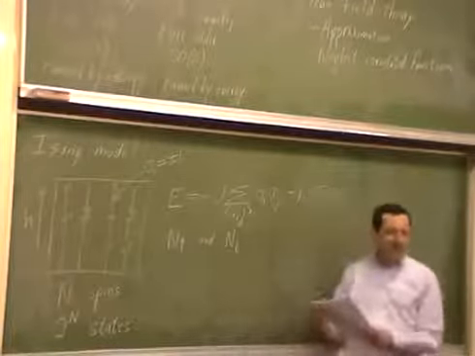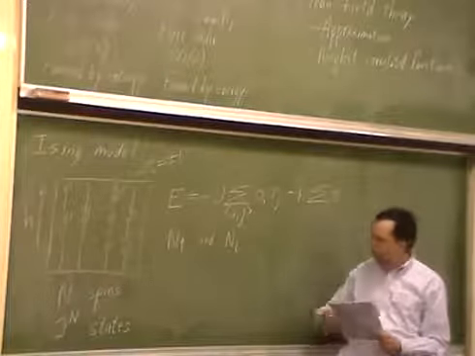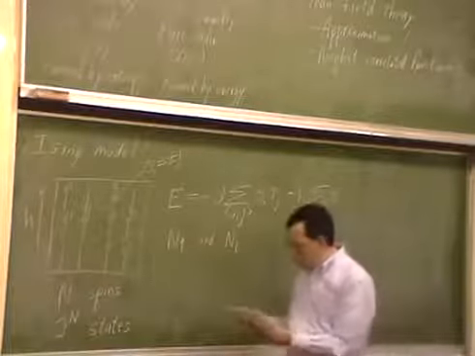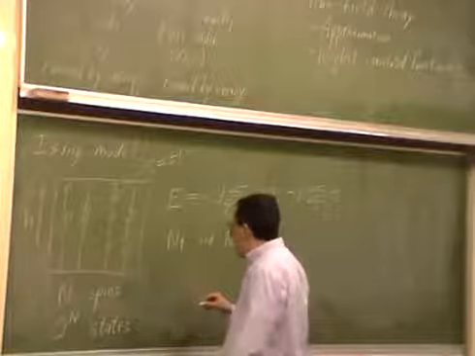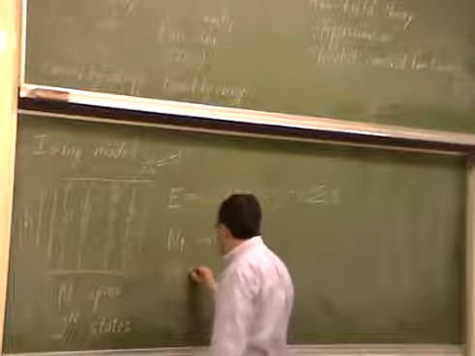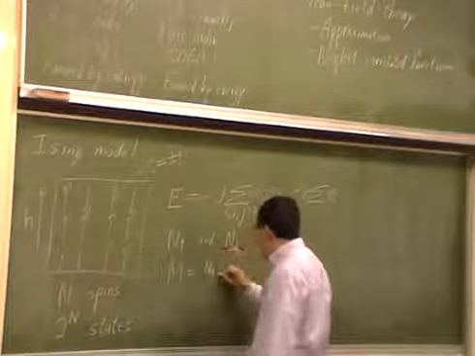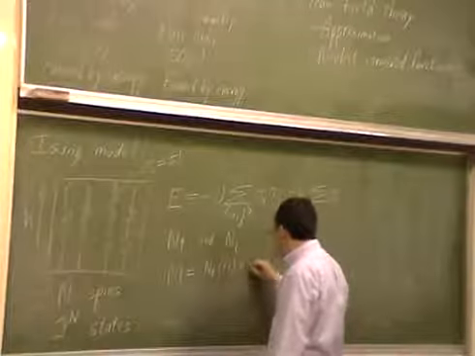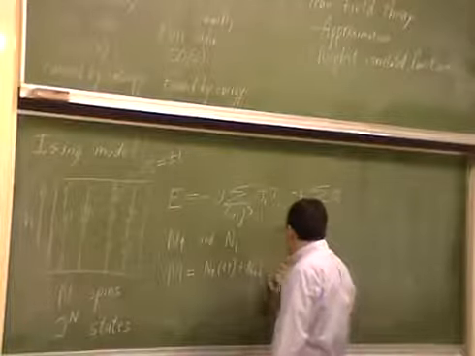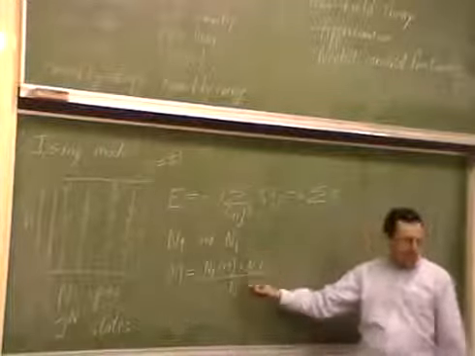Some of them are pointing up, some of them are pointing down, and I want to classify all the states based on the average magnetic moment, which is n up times plus 1, plus n down times negative 1, all divided by the total n.